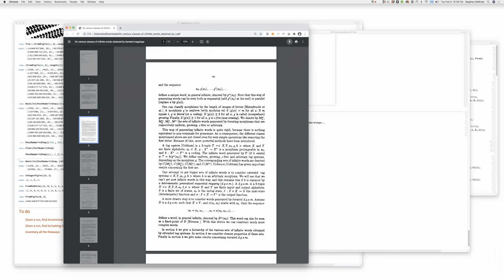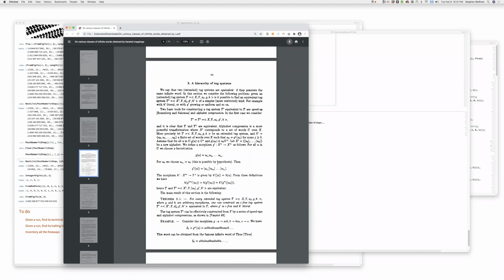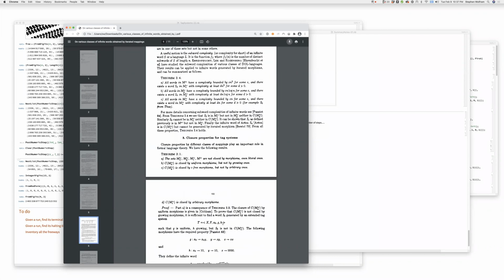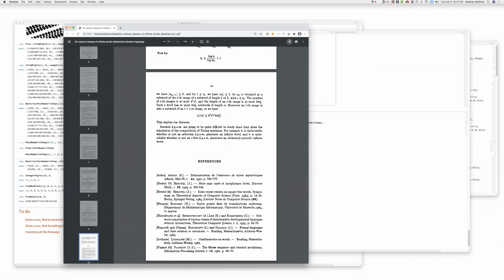Okay, this is Cobham, right? That's monogenic tag systems. I understand that. Consider this morphism. You see, these people are mostly considering the one-symbol tag systems. I don't think that's that interesting.